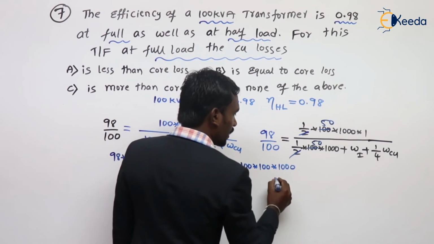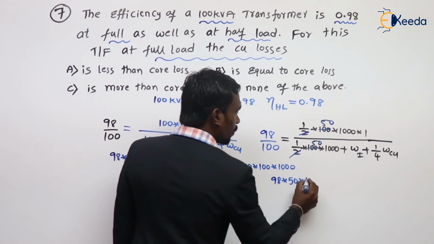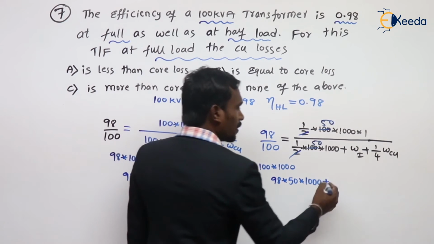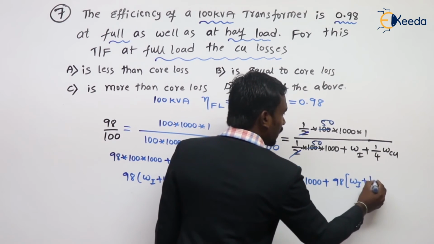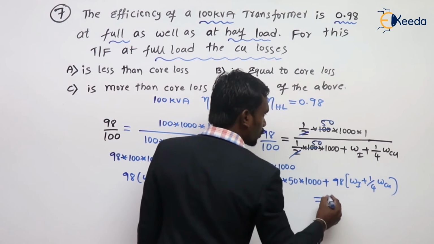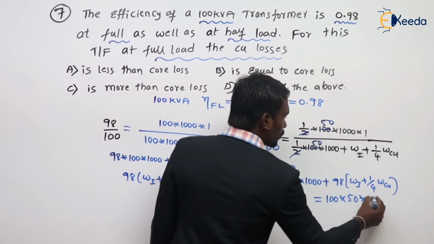As usual, here also take the equation. What is the equation here? 98 into 50 into 1000 plus 98 into iron losses plus 1/4 of copper losses is equal to 100 into 50 into 1000.